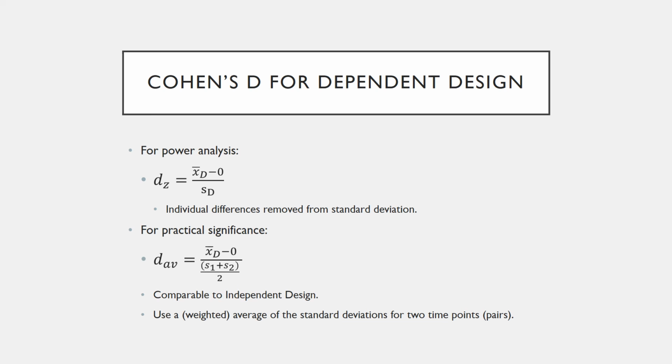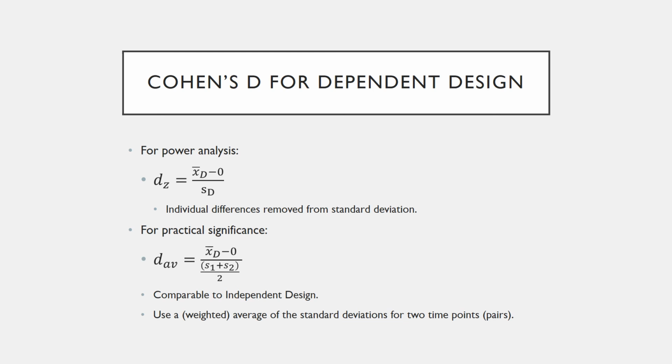So removing the individual differences helps our power, helps us find a statistically significant result, but it doesn't really help the practical significance. So if you're doing a power analysis, DZ is good. And that's what you would have to use if you're calculating the sample size needed to achieve a certain amount of power. So you'd use DZ.